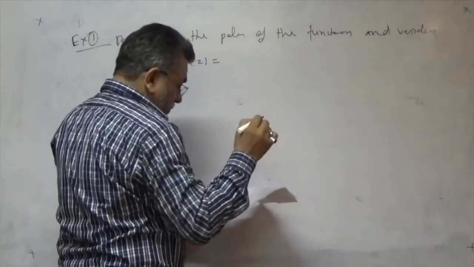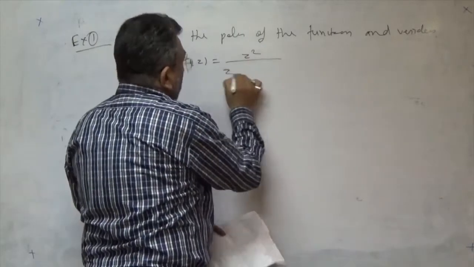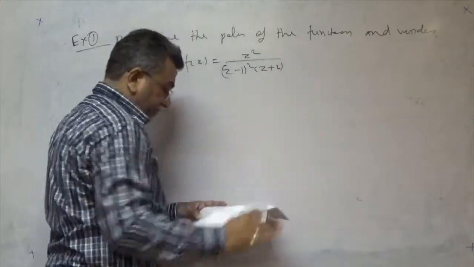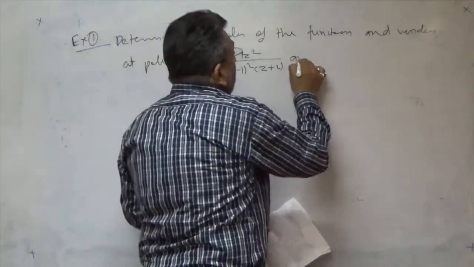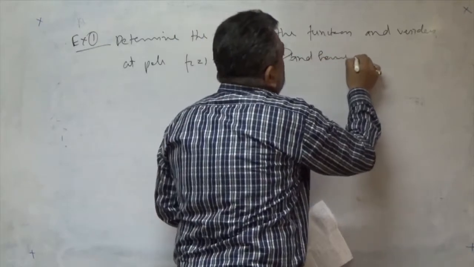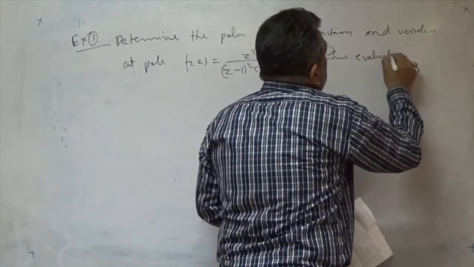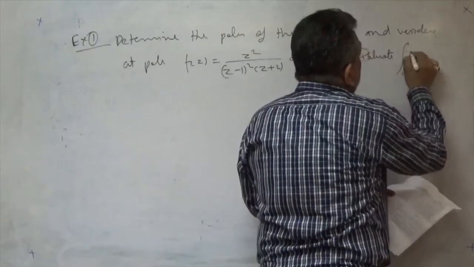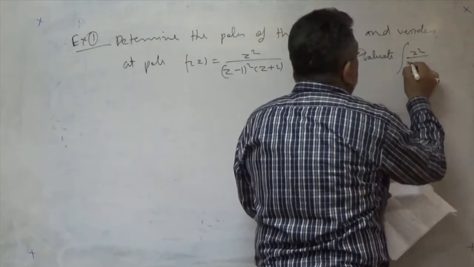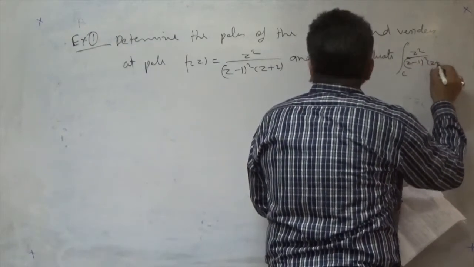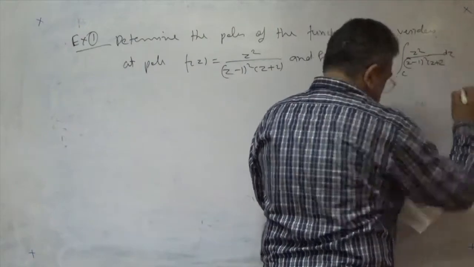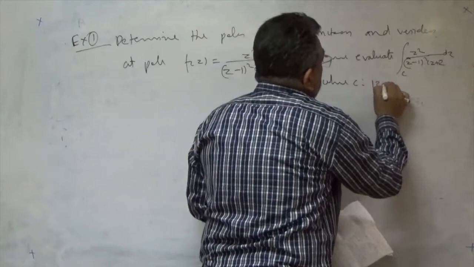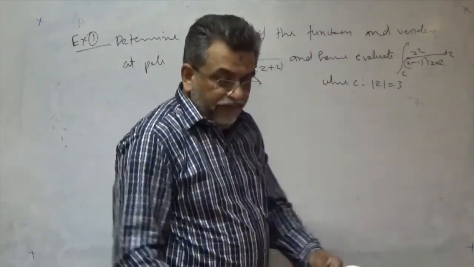f(z) equal to z square upon (z minus 1) square (z plus 2), and hence evaluate the integral over C of z square upon (z minus 1) square (z plus 2) dz, where C is mod z equal to 3.